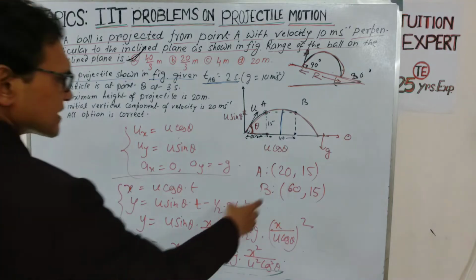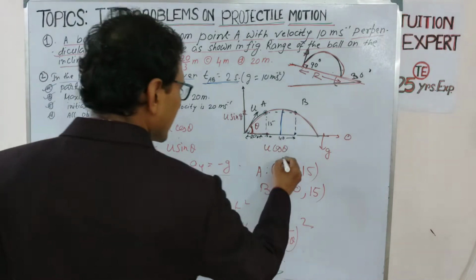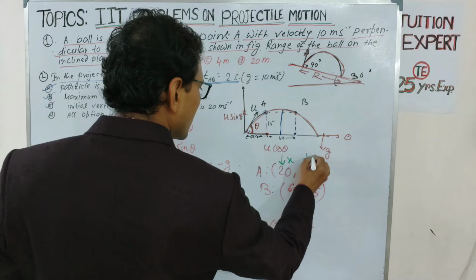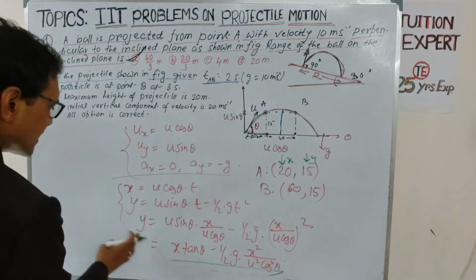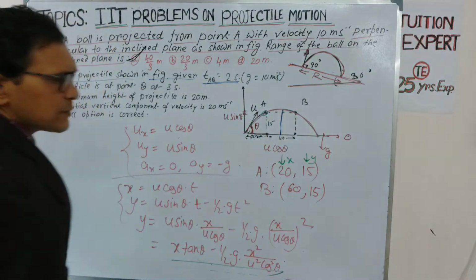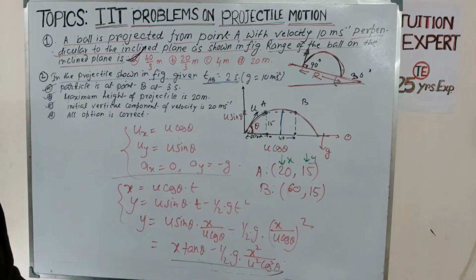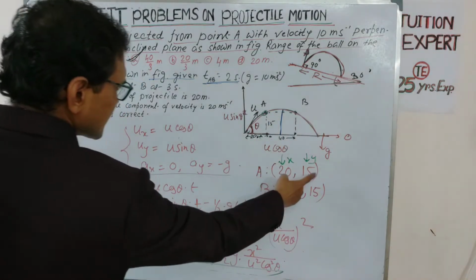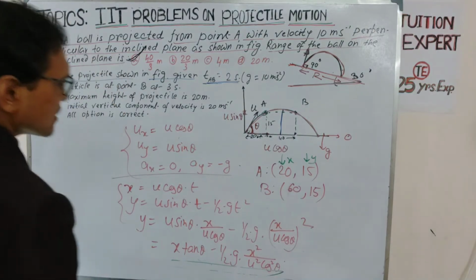So we can put x and y, this is x and this is y, in this equation. That is, the 2 points satisfy the equation of the path, so we can put the x and y coordinates in this equation.